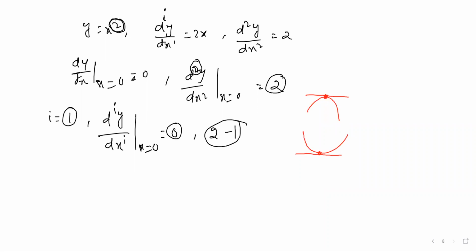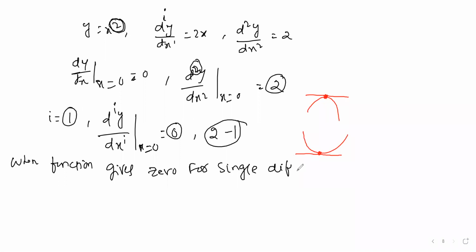When the function gives 0 for single differentiation, then it is called flat at this point.